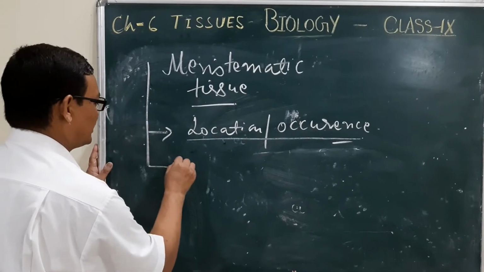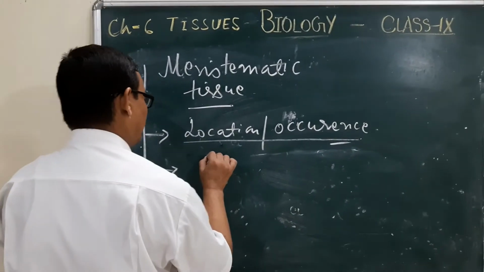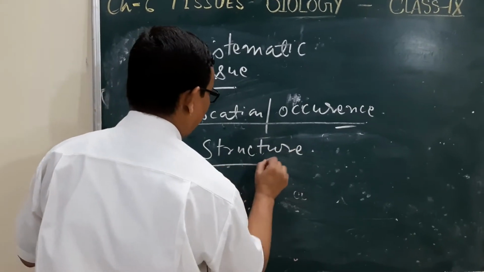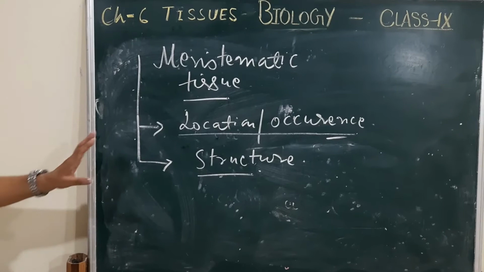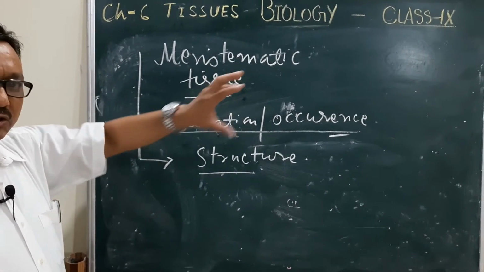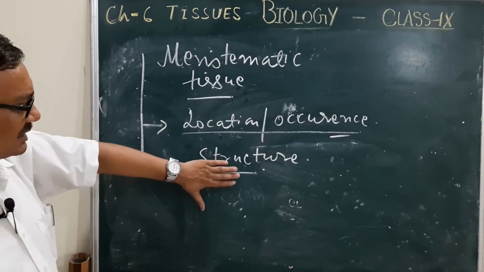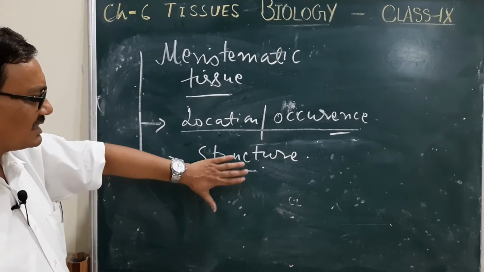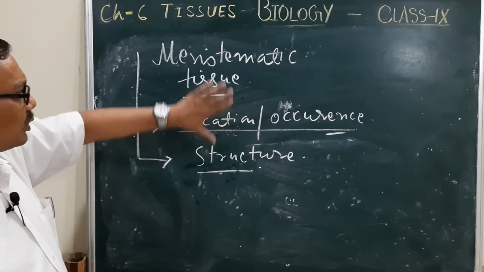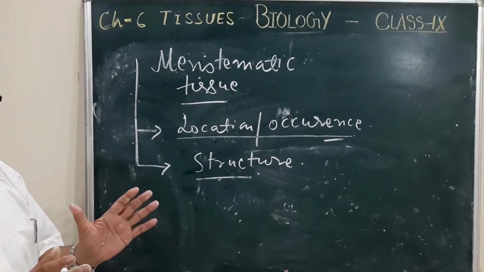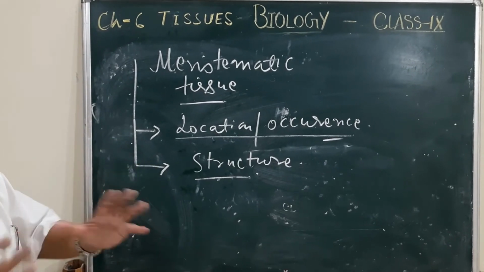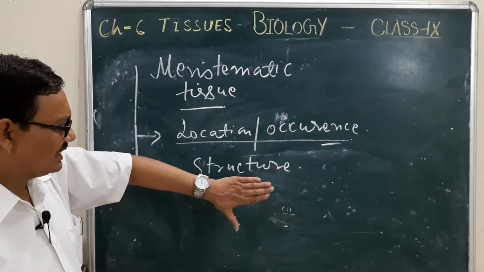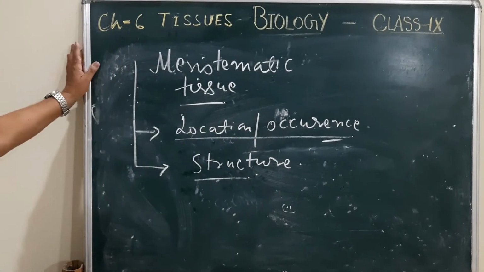The second important point is structure. Structure means, as you well know, that tissues are clusters of cells. That means what are the types of cells, what is the shape of those cells, what is the structure of those cells which compose this tissue. Everything about the cell and their characteristic features will be accommodated in the structure of the concerned tissue.